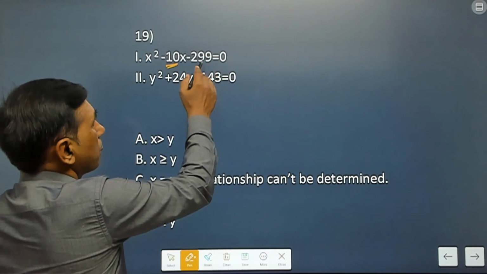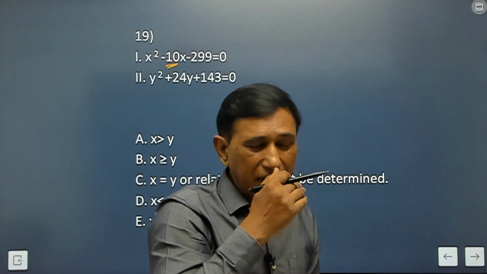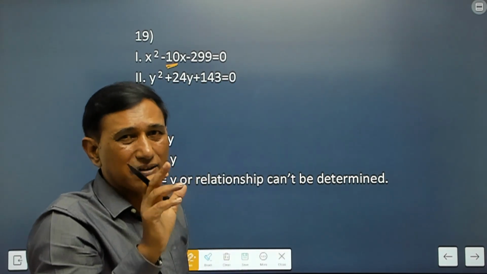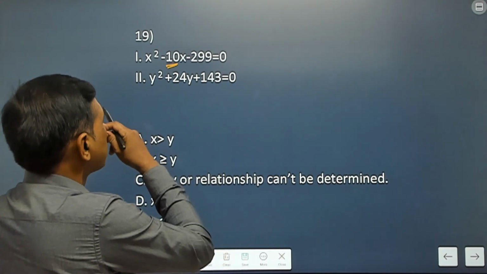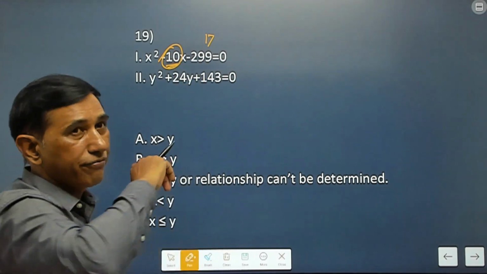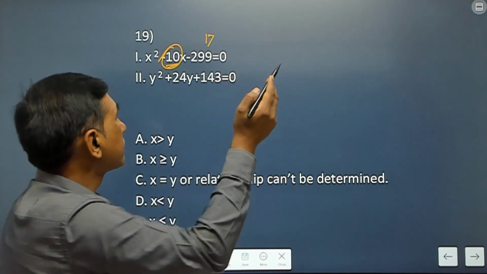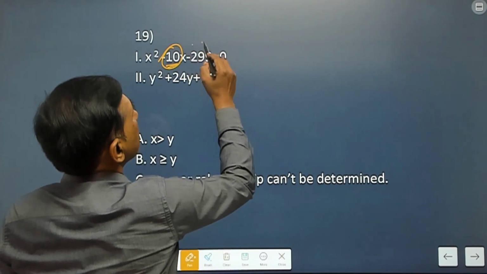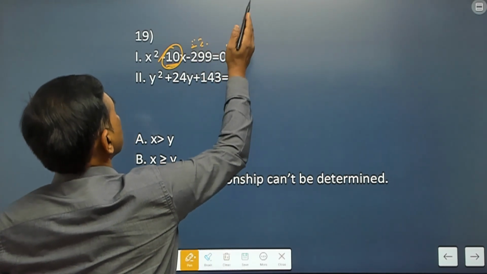So 17, but it has to be greater than or less than 17, nearby 17. Then you have to find this 10, a difference of 10. So 17 plus 5, 17 minus 5. 17 plus 5 is 22, 17 minus 5 is 12.